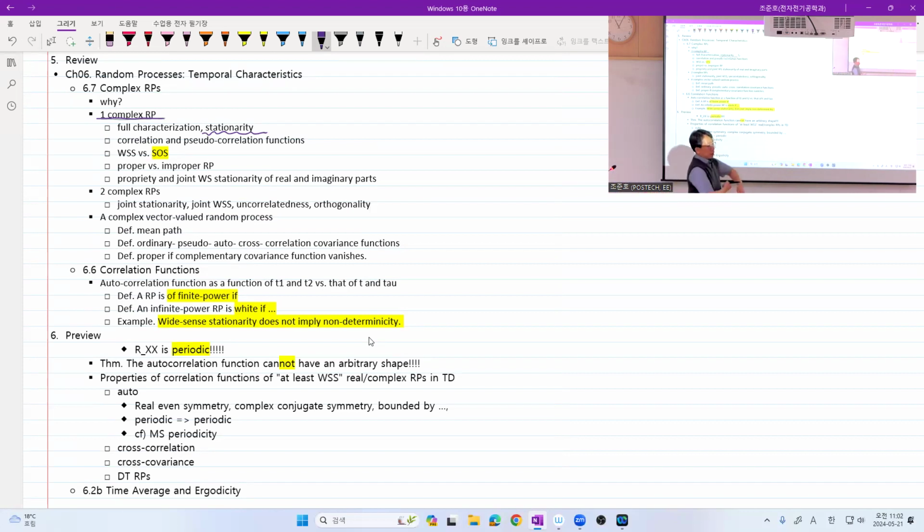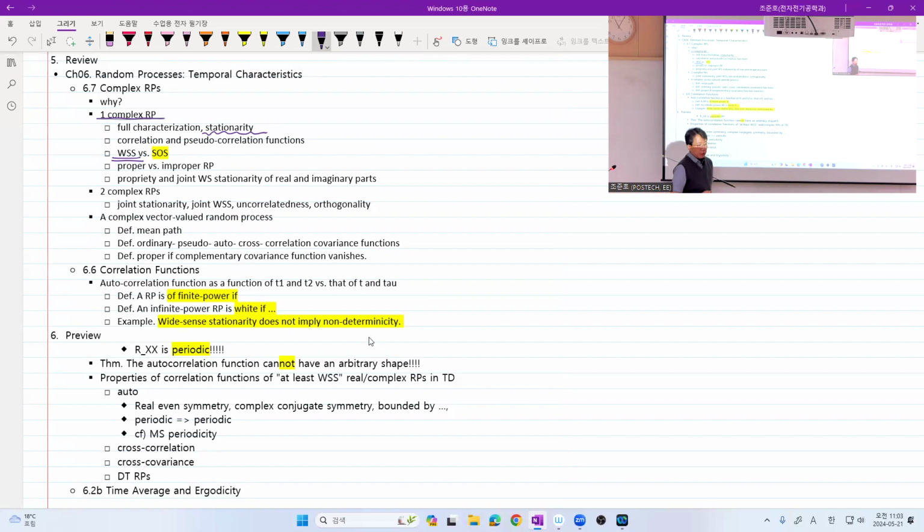Since this full characterization and strict sense stationarity is too restrictive, so what do we do? Usually, we consider wide sense stationarity over complex random processes. So here goes the definition. The problem is that given a single complex random process, we have two correlations.